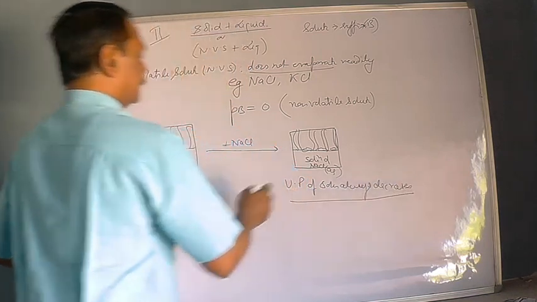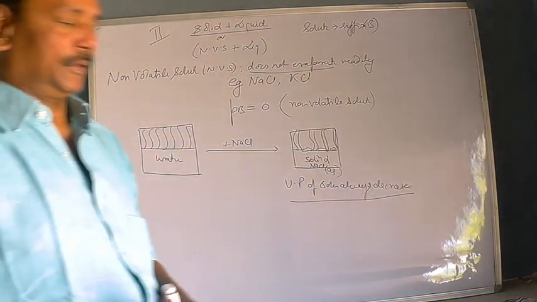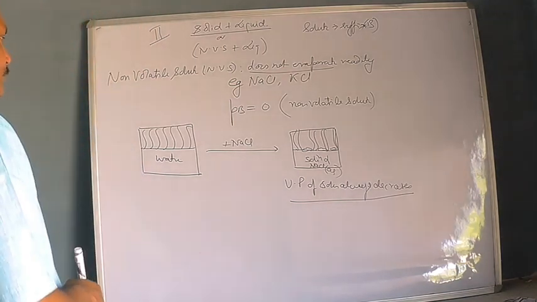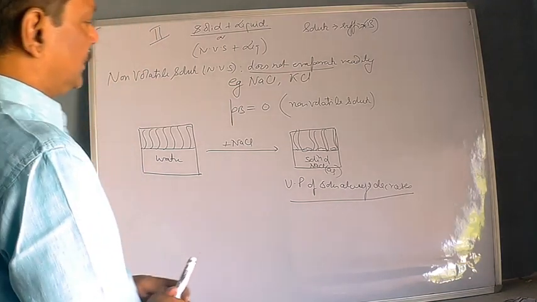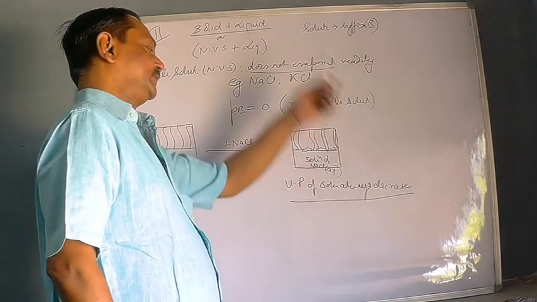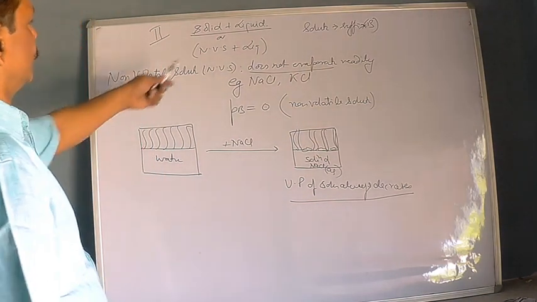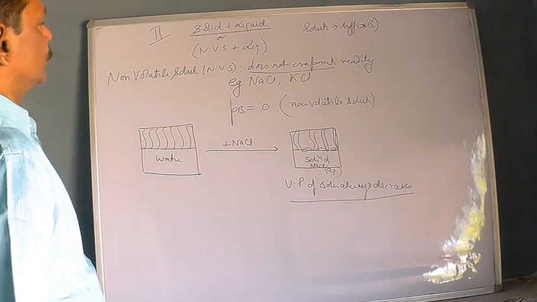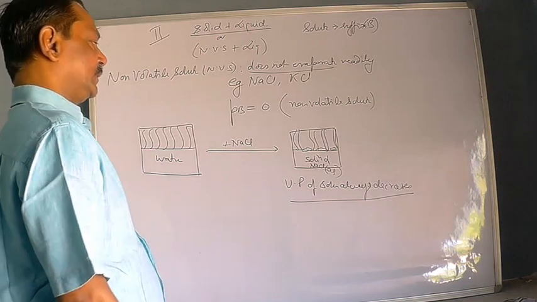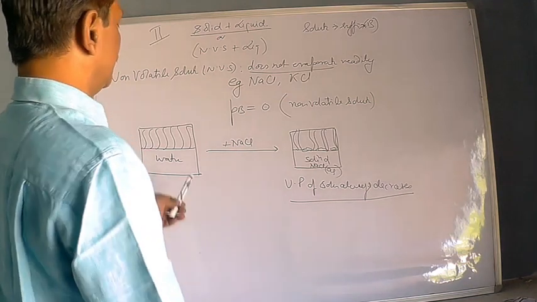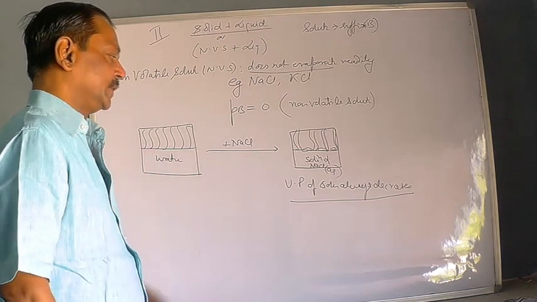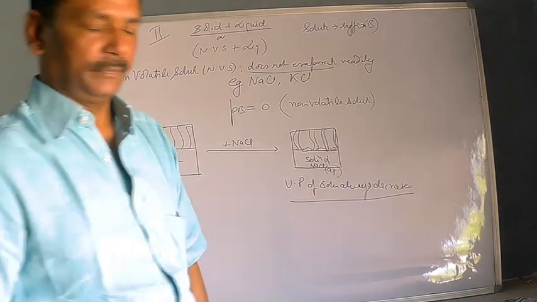A very important term to be understood here. Whenever we are adding a non-volatile solute to any given liquid, the vapor pressure of the solution always decreases. That is the basic you have to understand before going into the detail of solution of non-volatile solute plus liquid.